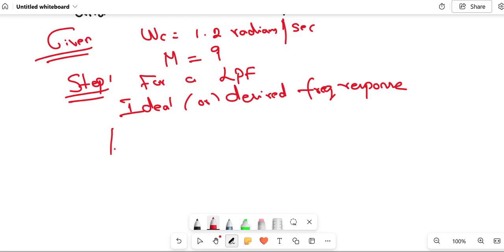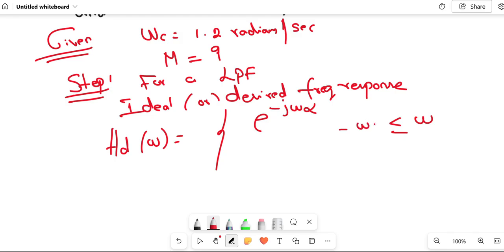So h d of omega is equal to e power minus j omega alpha, where omega is minus omega c to plus omega c, 0 otherwise. Okay, this is for low pass filter.